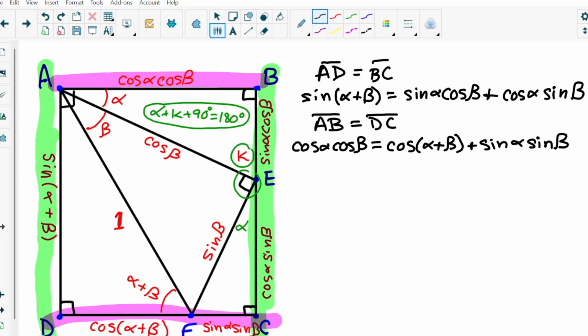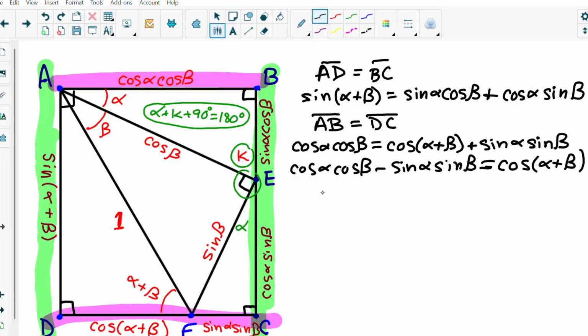All right, let me make this look like our cosine sum identity. So cosine of alpha, cosine of beta equals, oops, I'm going to subtract this from both sides. So what do I get? Minus sine of alpha, sine of beta equals cosine of alpha plus beta. Let me just write it left to right with the cosine of alpha plus beta on the left side.